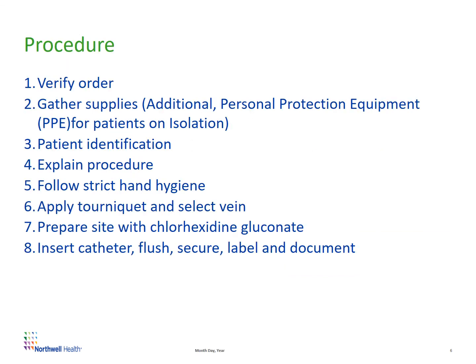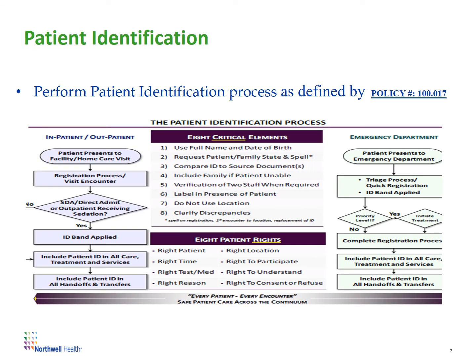So here are the procedure steps which you all are familiar with. Just want to re-emphasize the patient identification. Always perform the patient identification process using the 8 rights, which is written below.